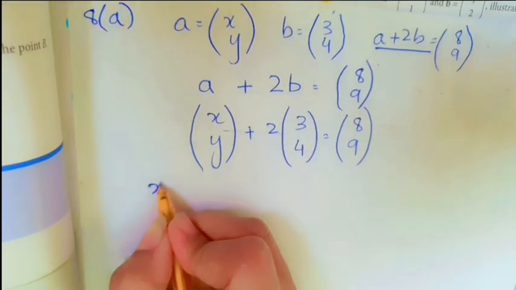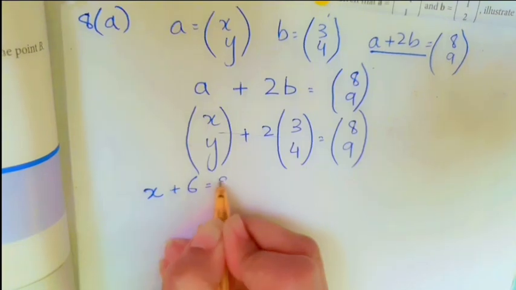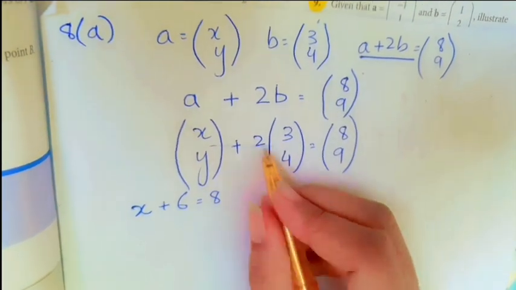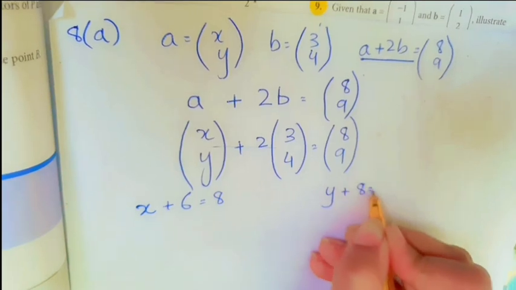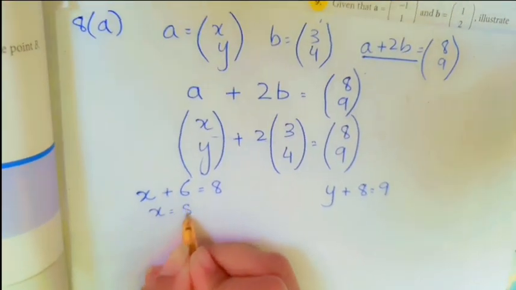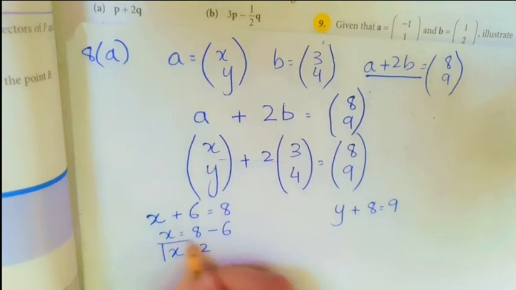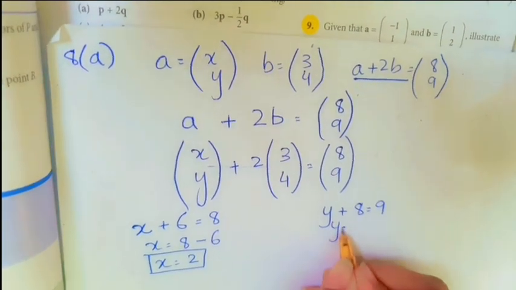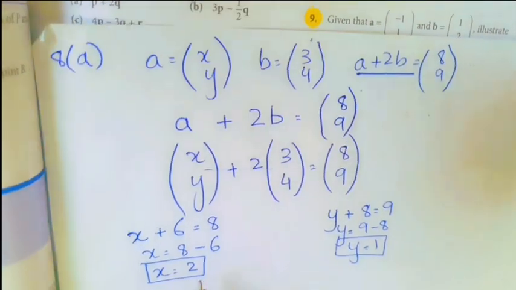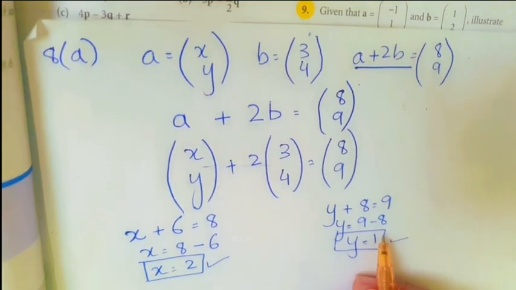The x components are x plus 2 times 3 is 6 is equal to 8, and the y component is y plus 2 times 4 is 8, is equal to 9. So x is equal to 8 minus 6, x is equal to 2. We have found out the value of x. y is equal to 9 minus 8, so y is equal to 1. So this is x and y. We have found out the value of x and y.